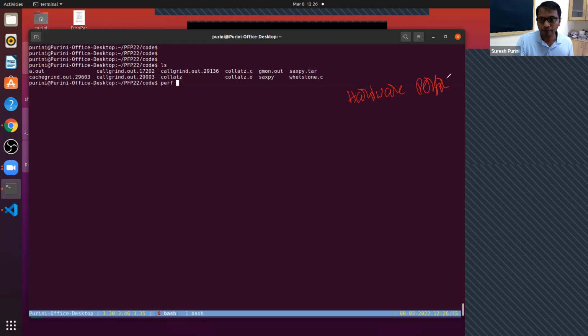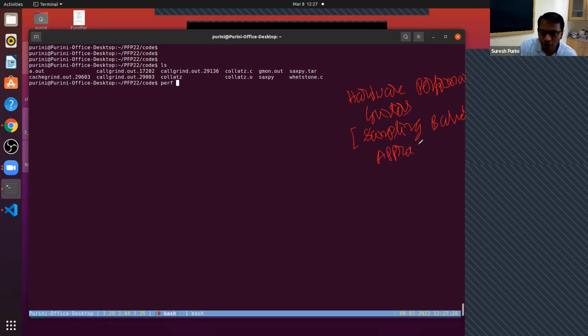Any processor will have maybe 2 to 4 hardware performance counters. Using these performance counters, it is possible for us to monitor different aspects of the program. But the way these hardware performance counters work is by using what is called a sampling-based approach.